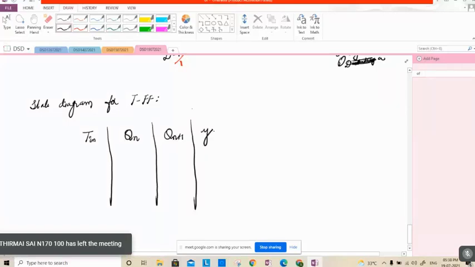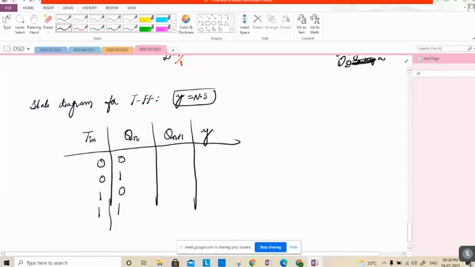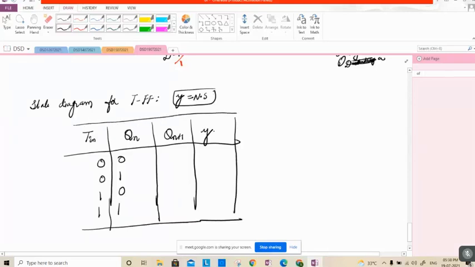Here it is y, where y is equal to the next state. 0, 0, 0, 1, 1, 0, and 1, 1. If you cannot remember these things, I won't be in a position to help you in any way.